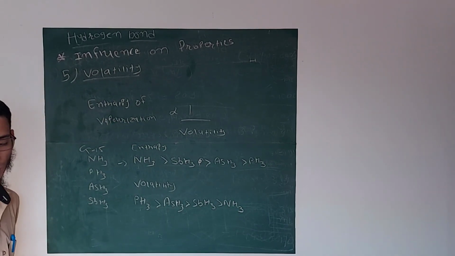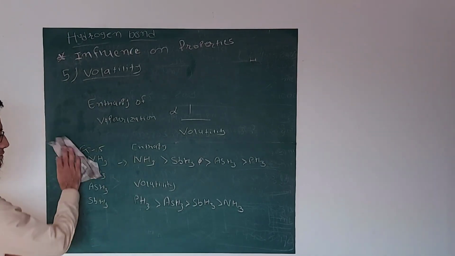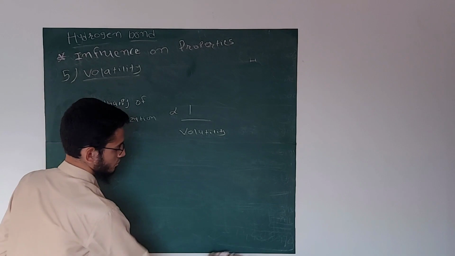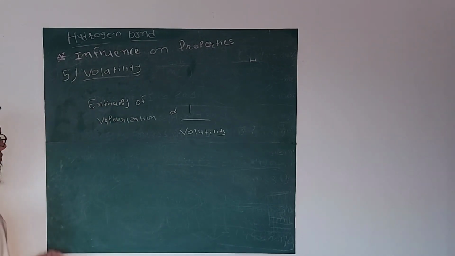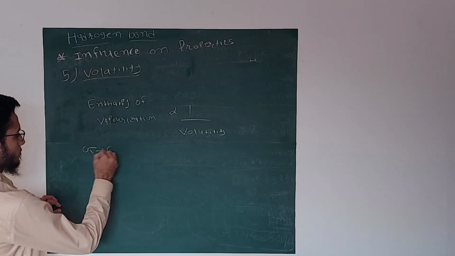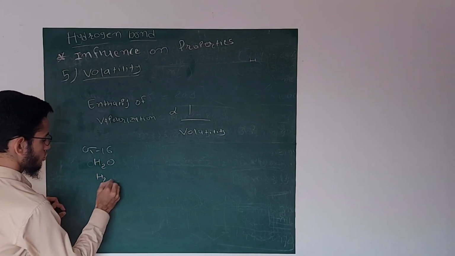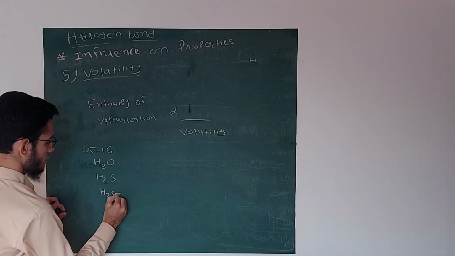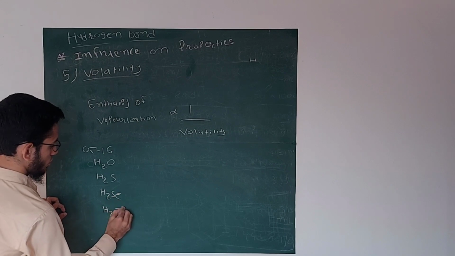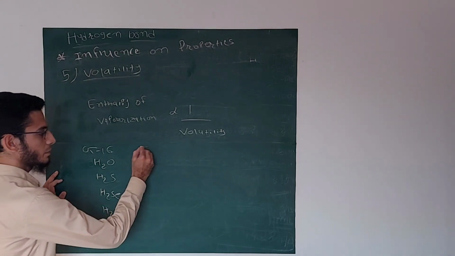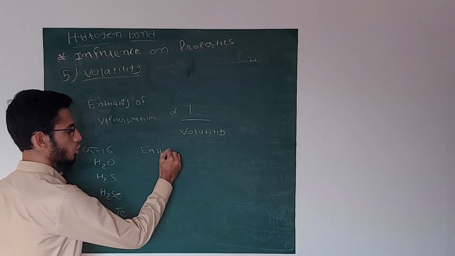Then what is the order for group 16? H2O, H2S, H2Se, H2Te. The enthalpy trend is similar to group 15.